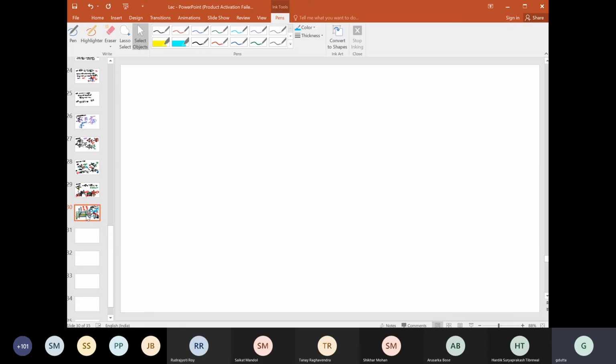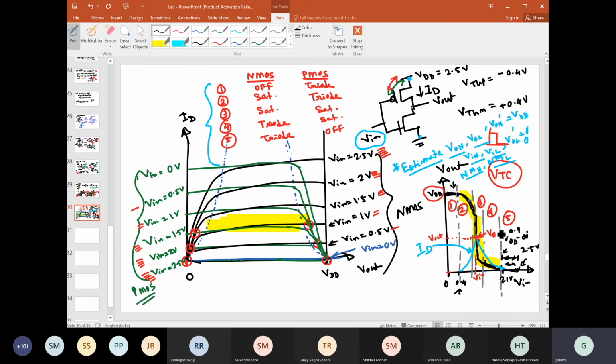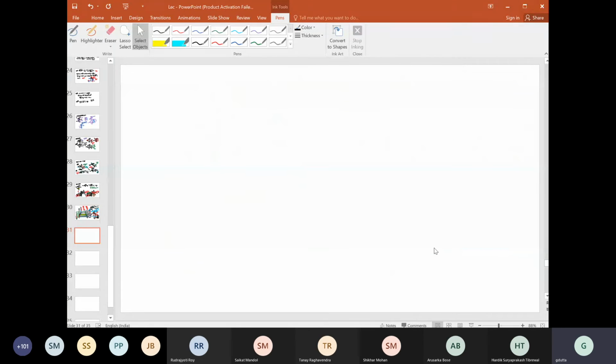Okay. Now, we are discussing this threshold voltage or switching threshold for this CMOS inverter. We'll try to focus more on this on the next page now. So, switching threshold for this CMOS inverter.